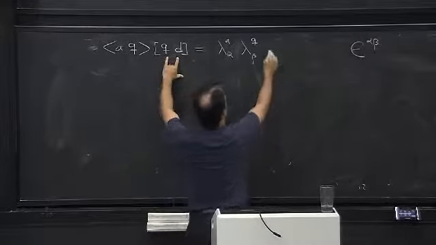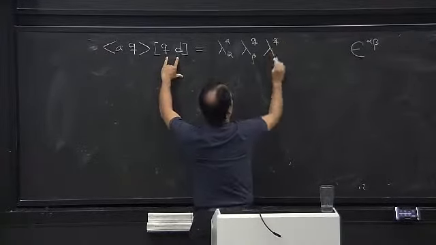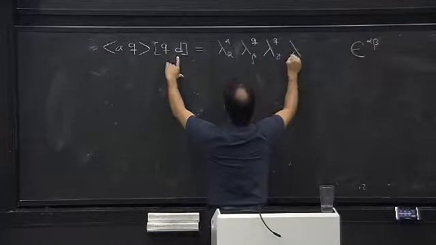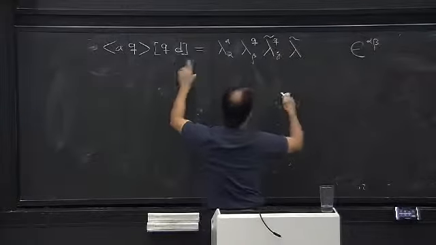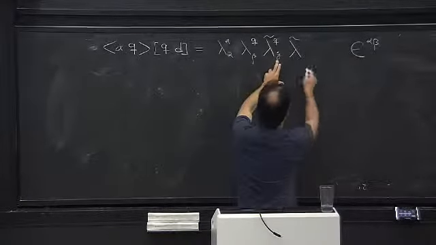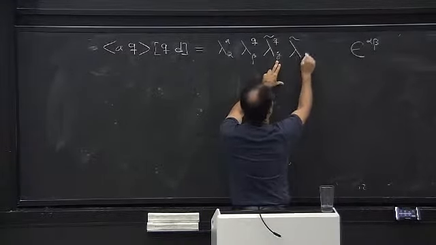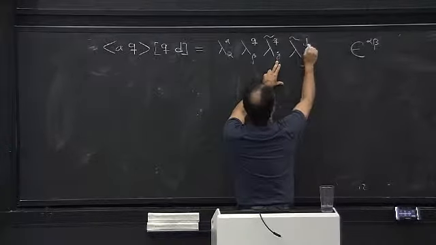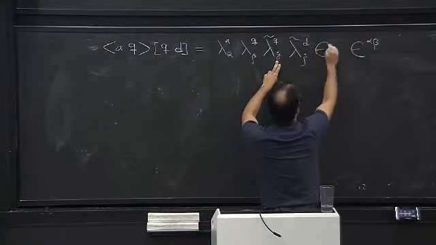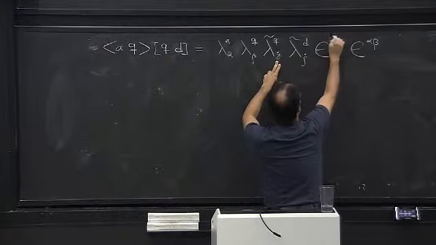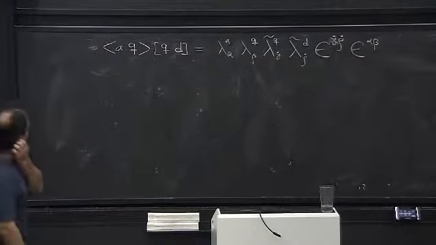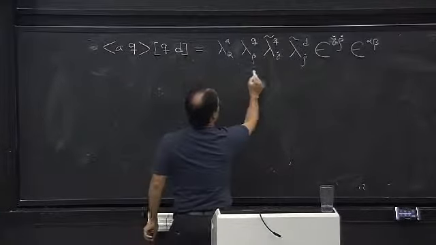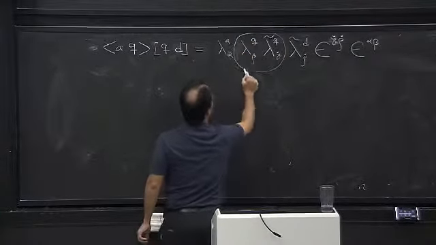I'm going to write this guy explicitly too: Q gamma dot, lambda tilde rho dot D, and put an epsilon contracting those indices. Okay? Very good.